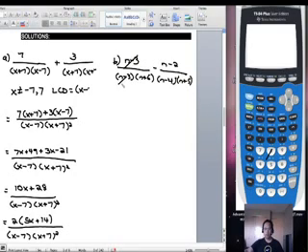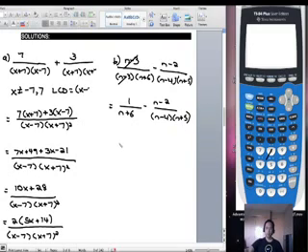So these n minus 3's can cancel out. So over here we have 1 over n plus 6 minus n minus 2.